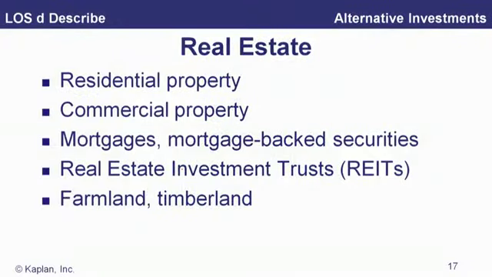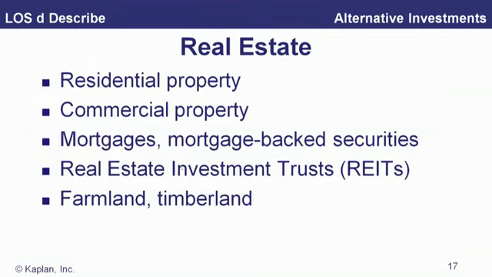Okay, what types of real estate and real estate properties are we going to be talking about in alternative investments? Well, residential properties, commercial properties. We can have mortgage, or we know all about mortgage-backed securities. Real estate investment trusts are a way that real estate is held, and some other categories of real estate are farmland and timberland.